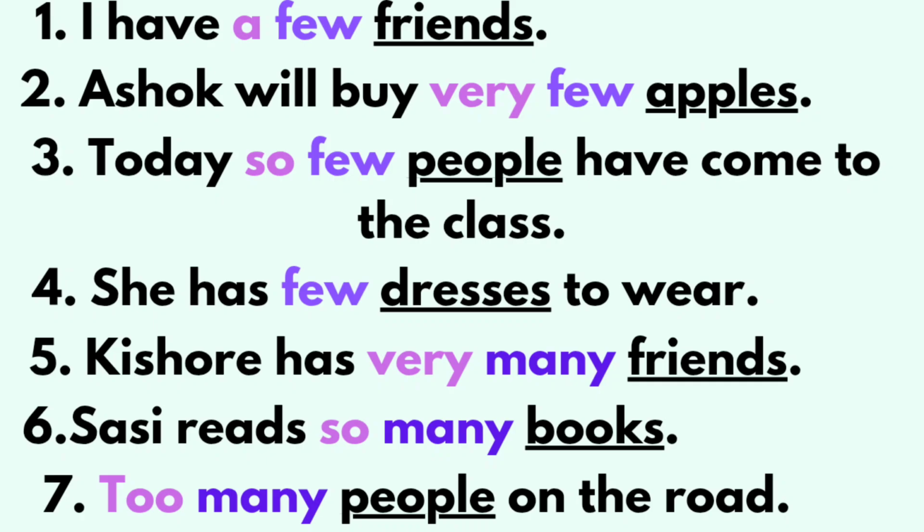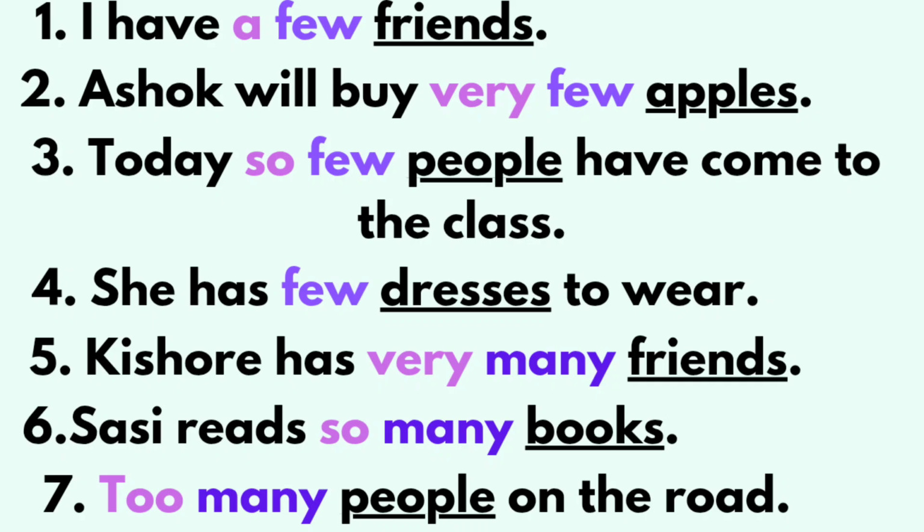Kishore has very many friends. Sashi reads so many books. Too many people on the road. Here people, books, friends, these are plural countable nouns. And many is a quantifier that is used with countable nouns. Very, so, too. These are intensifiers.